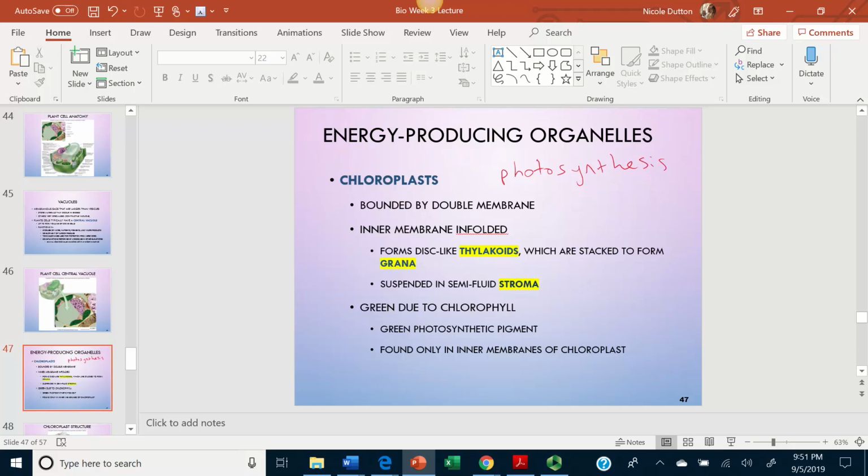A lot of people think that photosynthesis is how plant cells get energy, and that's not true. Photo means light, synthesis means that you're making something. What photosynthesis is, it's the process of producing a sugar. So it's how plants make their own food, and it's how certain types of cyanobacteria and algae make their own food.